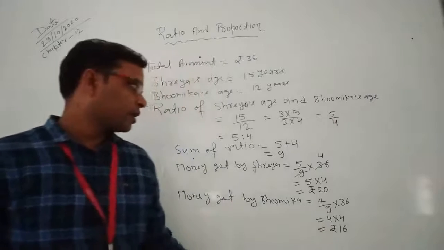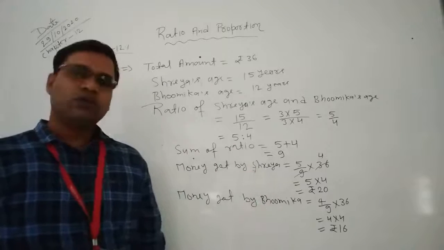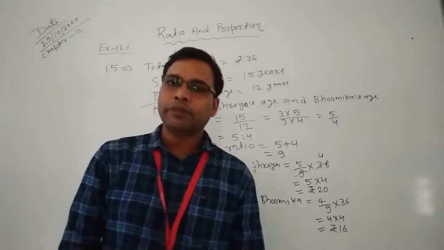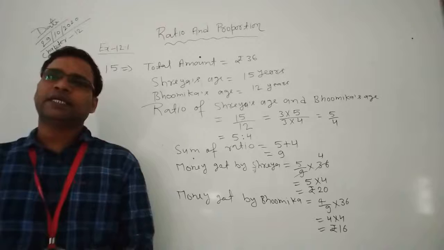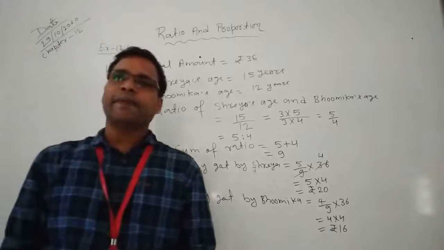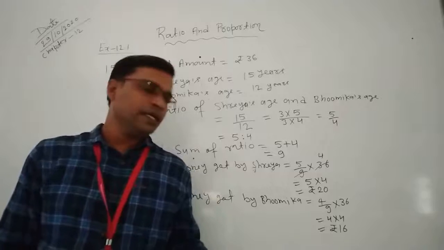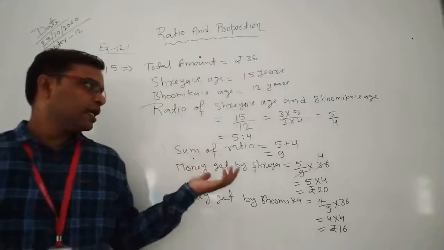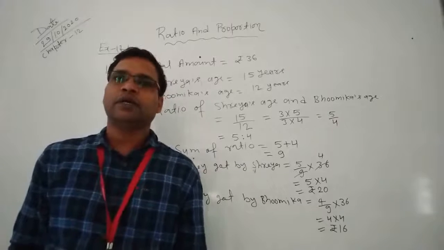So in this way you can see the money got by Bhumika is rupees 16 and the money got by Shreya is rupees 20. So student, in this question, this is given that mother wants to divide rupees 36 between Shreya and Bhumika in the ratio of their age. And if the age of Shreya is 15 years and the age of Bhumika is 12 years, this is given.